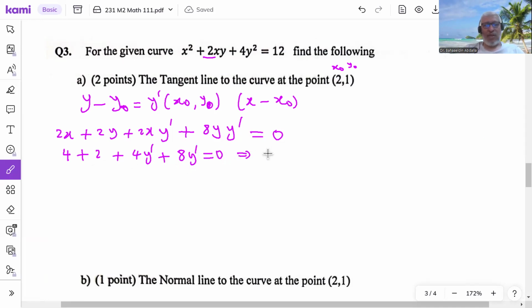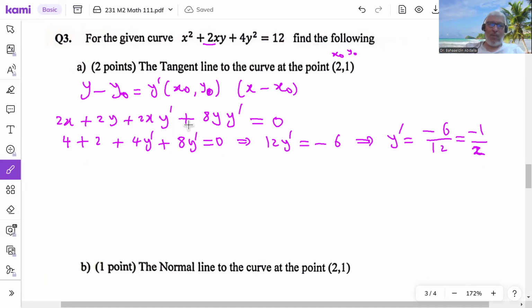So 4 plus 8, 12y prime. 4 plus 2 is 6, and I'm going to take it to the other side. So y prime would be negative 6 over 12. You divide both sides by 12, which is negative half. So that's the slope. This is y prime at x0, y0.